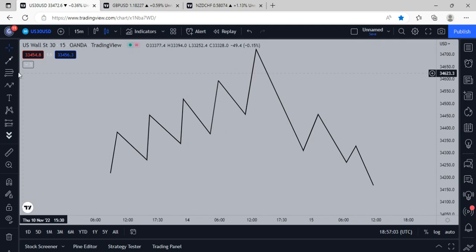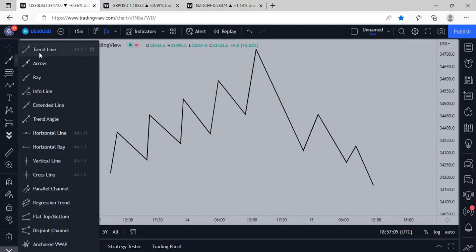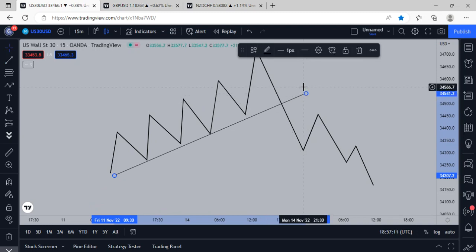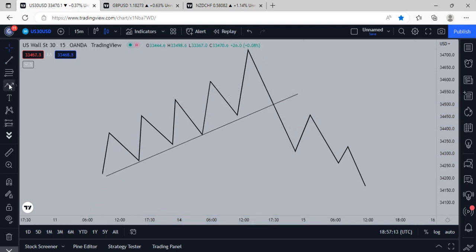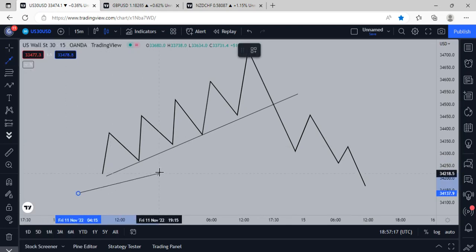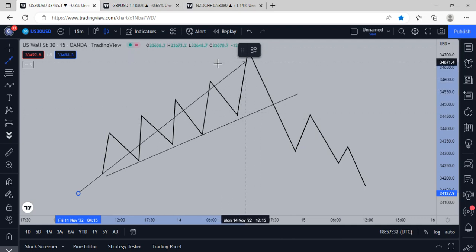So then what we have here is a trend line, all right. This is what we call a buying trend line, because price is going up in the buying direction, okay. It's making higher highs, lower high, higher high, lower high, higher high, lower high, higher high, okay.